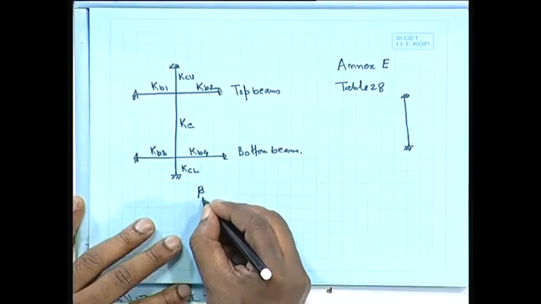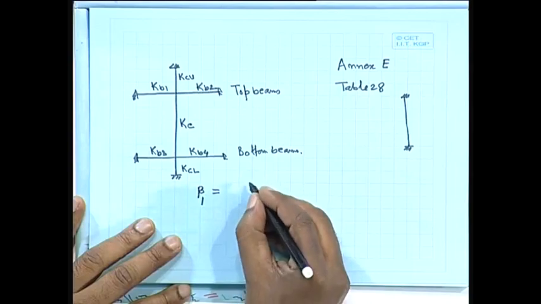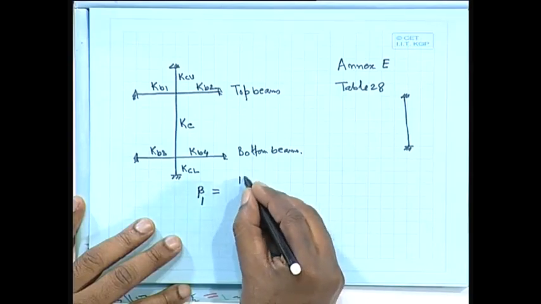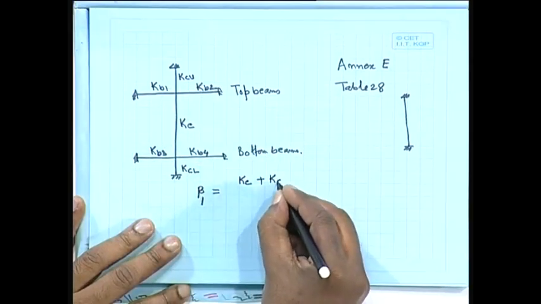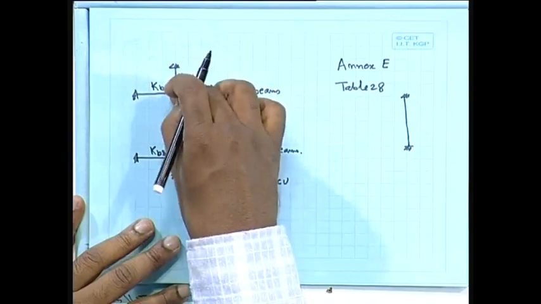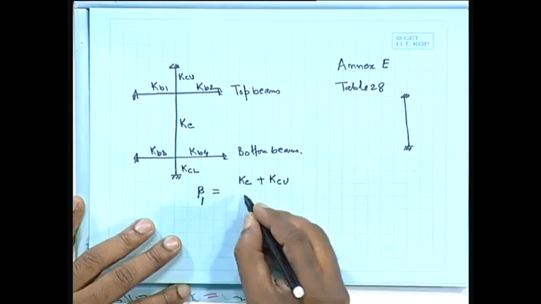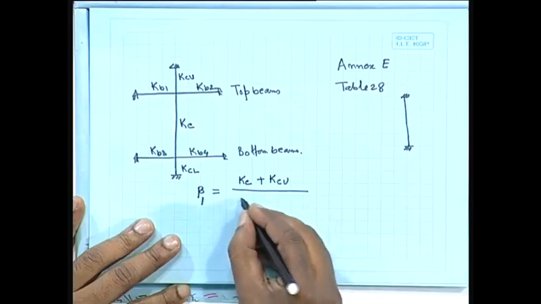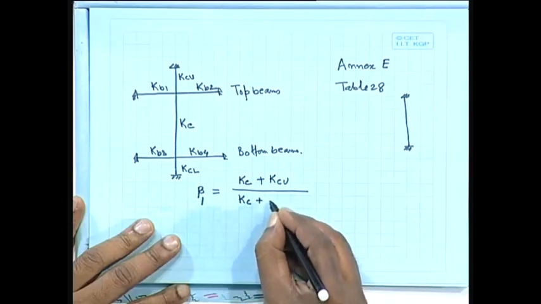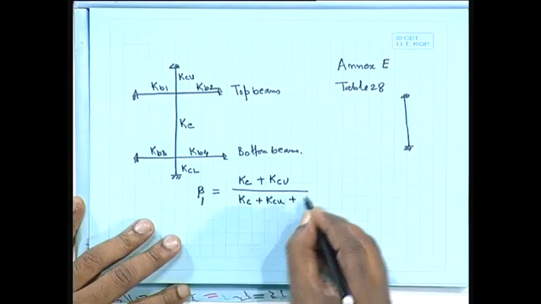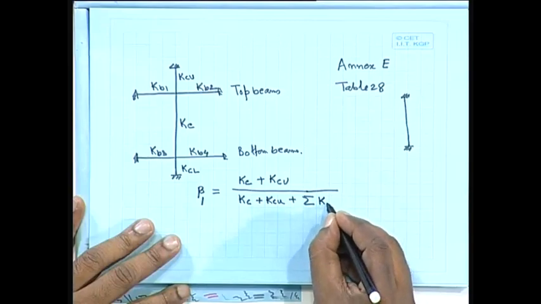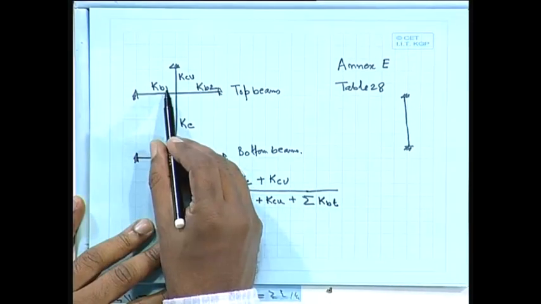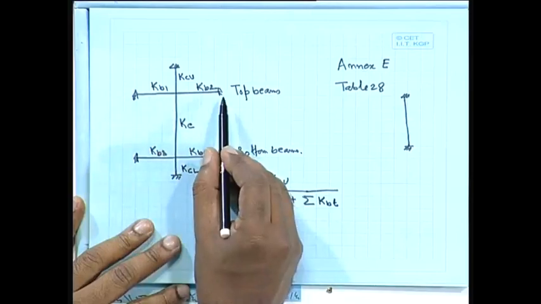So, there are 2 parameters. One is called beta 1, which will be equal to Kc, the column stiffness, plus Kcu, that is the top one, at the junction we are talking about at the top, divided by Kc plus Kcu plus the summation of Kbt, T meaning top, here 1 and 2, so the summation of all the top beams.